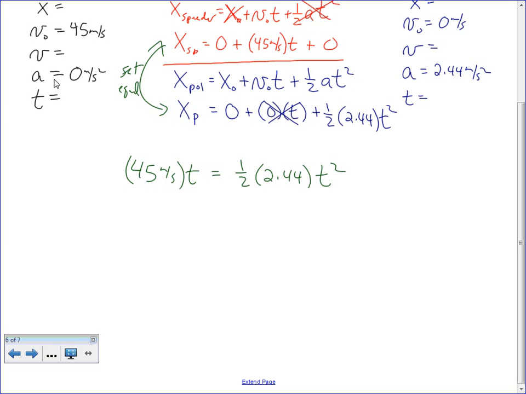Now this problem, because they're both starting at x equals 0, works out a little bit easier. We can divide both sides by t, and it simplifies the equation a little bit. We have 45 equals 1.22t, or it gives us a time of 36.885 seconds.